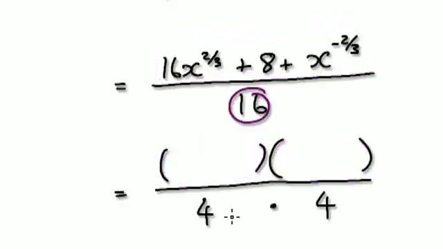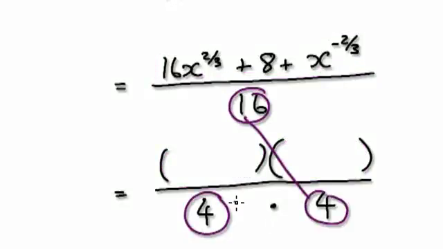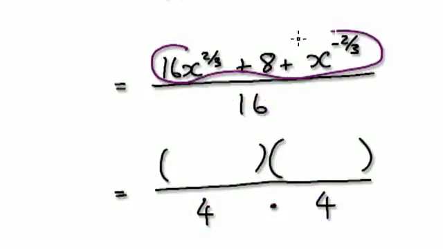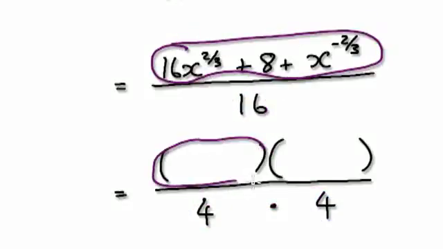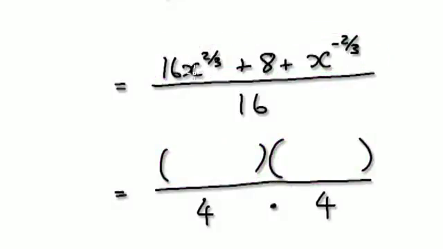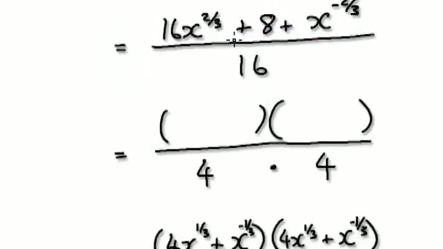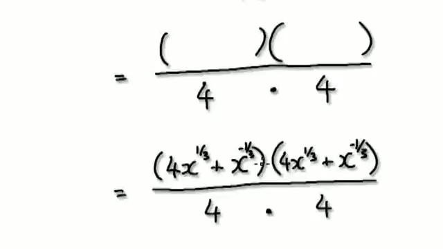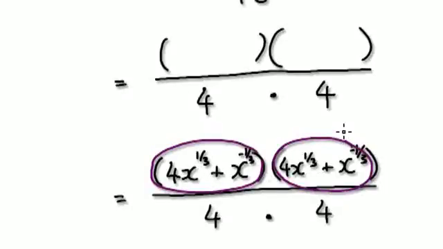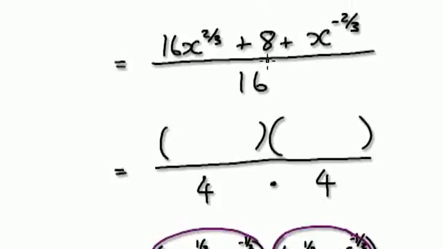Okay, and then split this up to a 4, so that later on, this times this will give you a 16. Try to rewrite this in the form of something times by itself. Stare at this for a while, and then you can see that if you get this times by itself, it will give you this thing here.